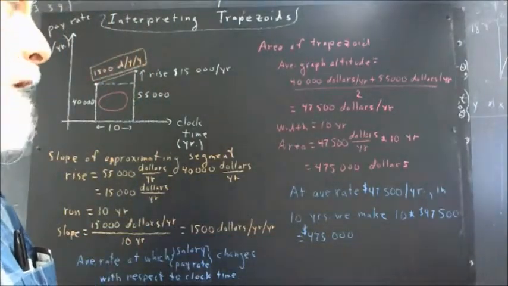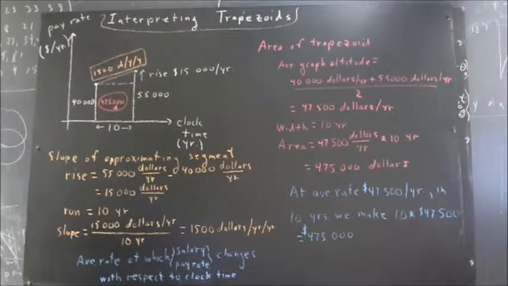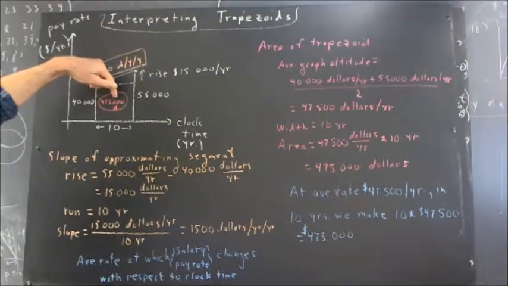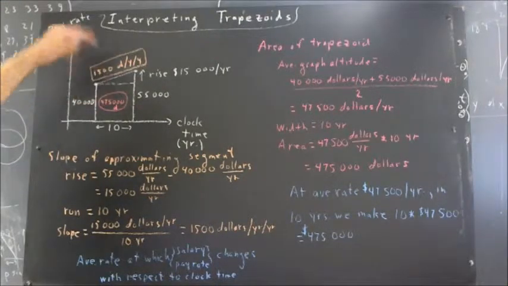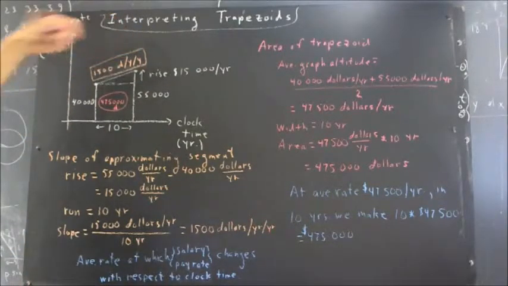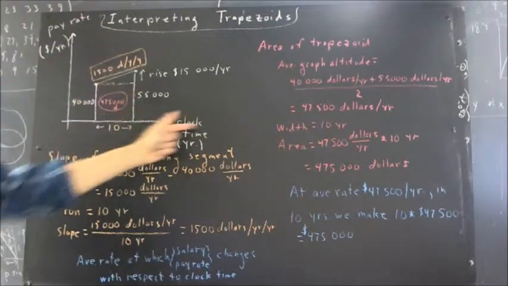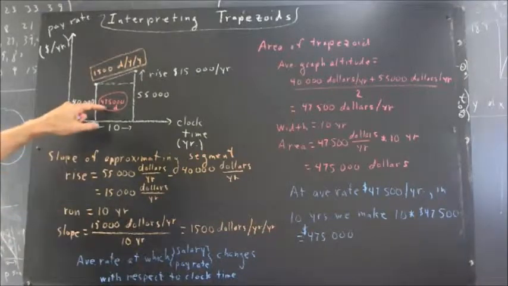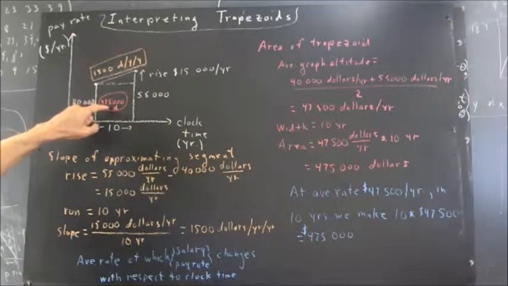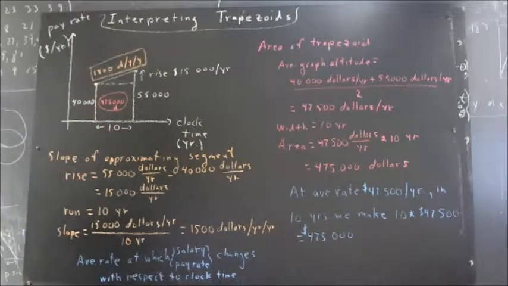So we can complete labeling the graph. Didn't make my circle quite big enough, but I've got 475,000 D for dollars. So that on this graph, the slope represents the average rate at which our salary or pay rate changes with respect to clock time. And this is the amount of money that we would make if our approximating line is accurate.